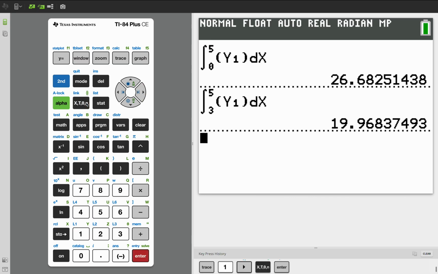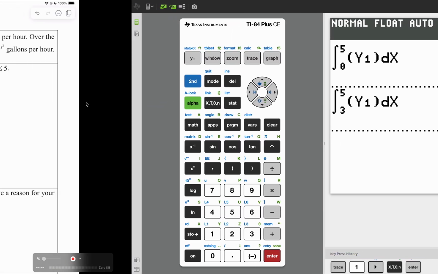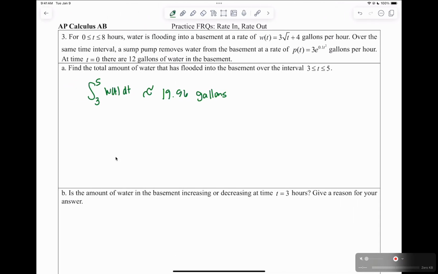That's going to give us about 19.96 gallons. So basically, this says over the 2-hour interval from t equals 3 hours to t equals 5 hours, about 19.96 gallons of water flooded into the basement.